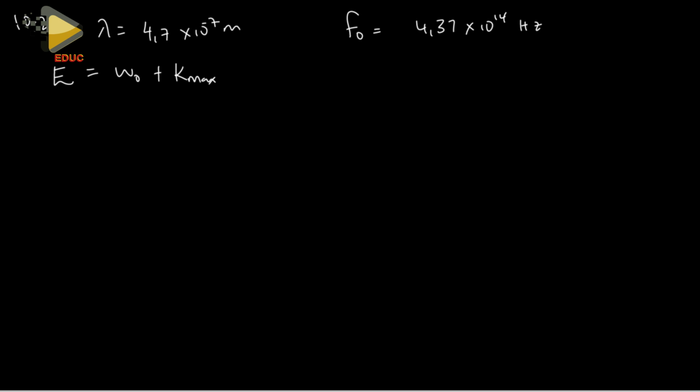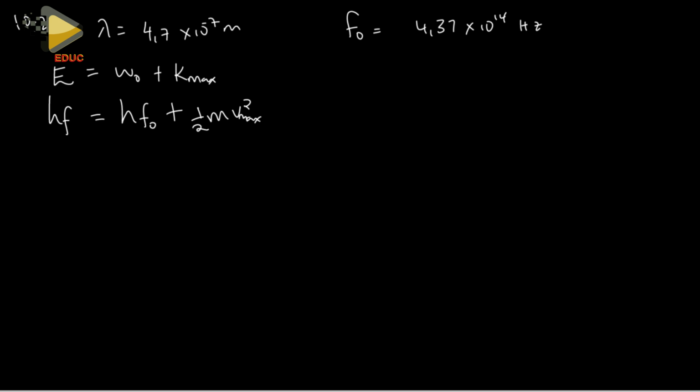Using the formulas, energy is given as Planck's constant times the frequency, which is equal to the work function, which we don't know yet. So I can use Planck's constant and the threshold frequency, plus a half m v squared max. Now we need the Vmax. Let's do the substitution.